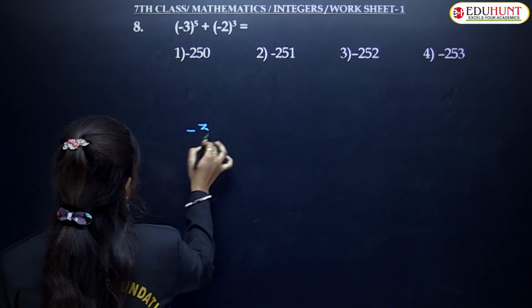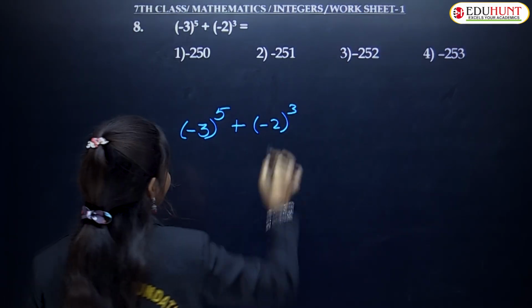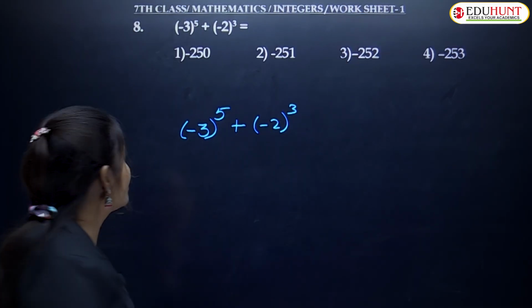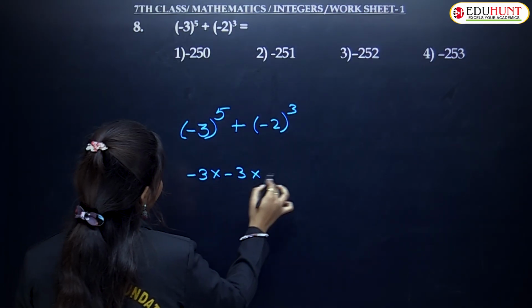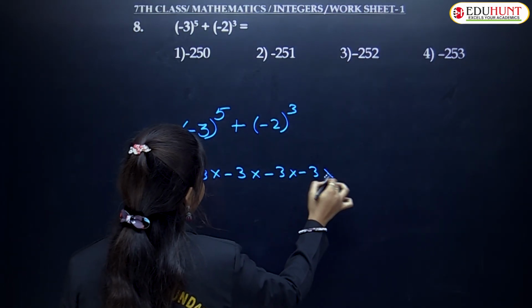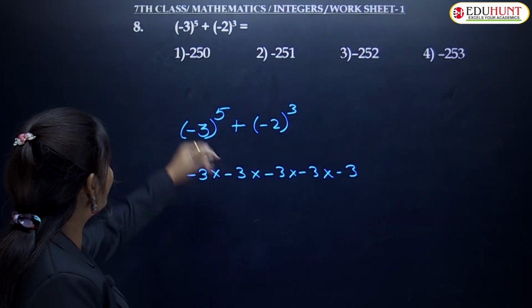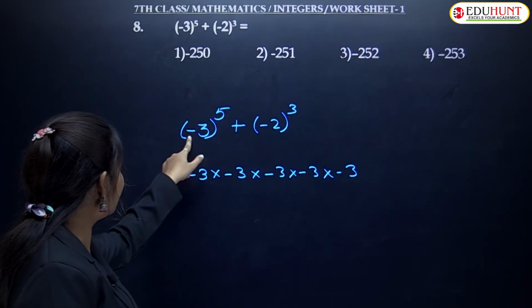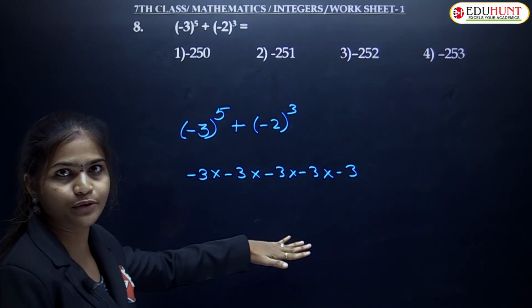Next, 8th one. Minus 3 power 5 plus minus 2 whole cube. Understand? So here also we can write this one as minus 3 into minus 3 into minus 3 into minus 3 into minus 3. Actually, this is the meaning of minus 3 whole power 5. And we know that a negative base with an odd power means the answer is always negative.